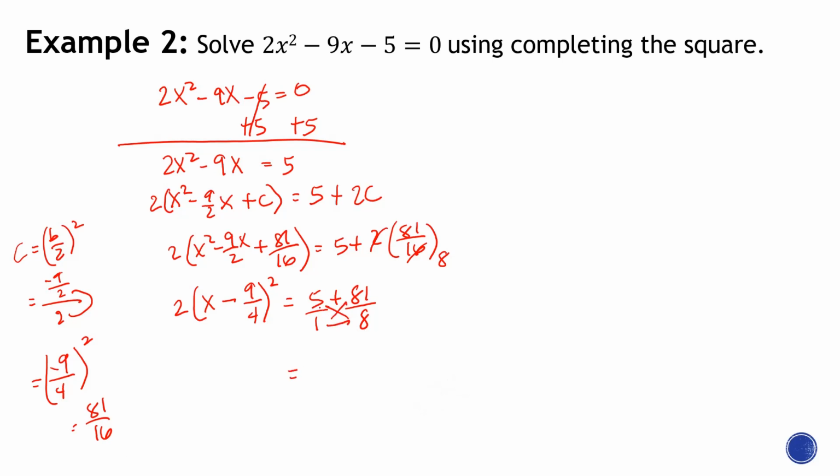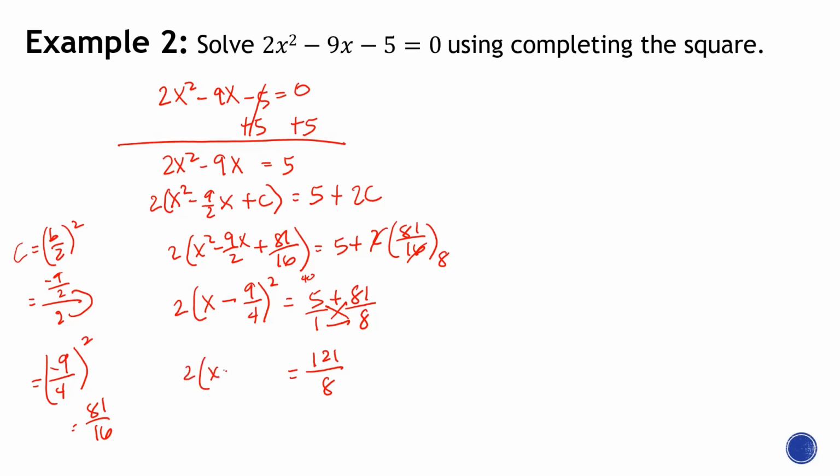This is going to be 8 times 5, which is 40, plus 81, equal to 121 over 8. I will repeat that. 1 times 8, that's your denominator. 5 times 8 is 40 here. And then 1 times 81 is equal to 81. And 81 plus 40 is equal to 121.